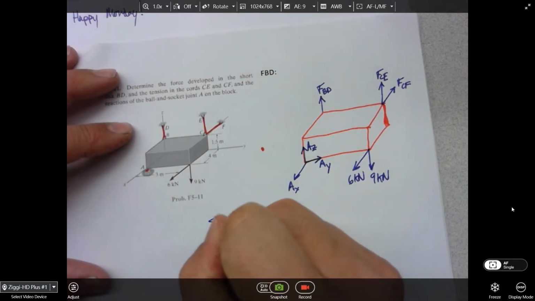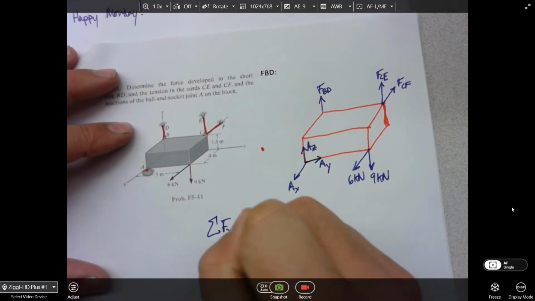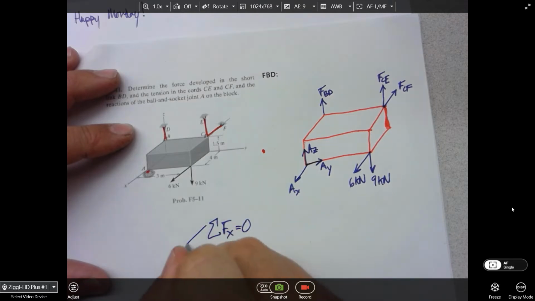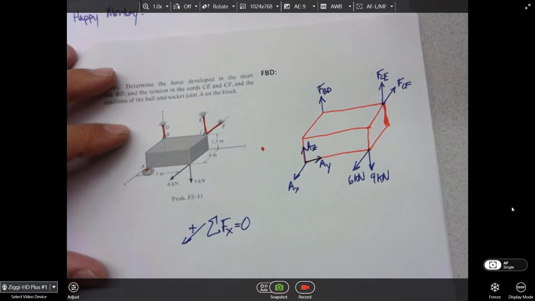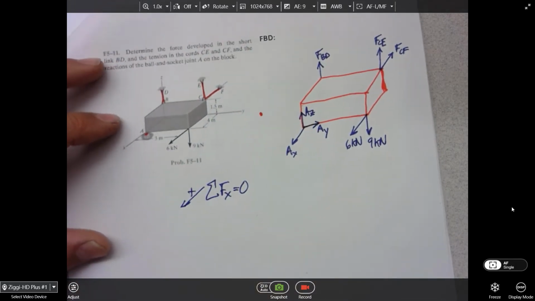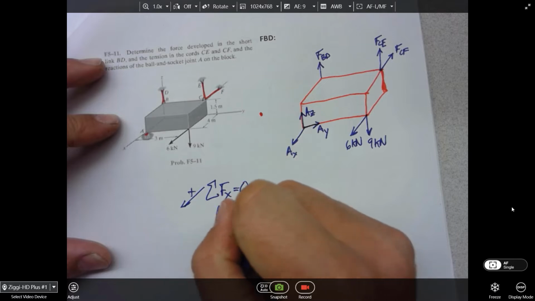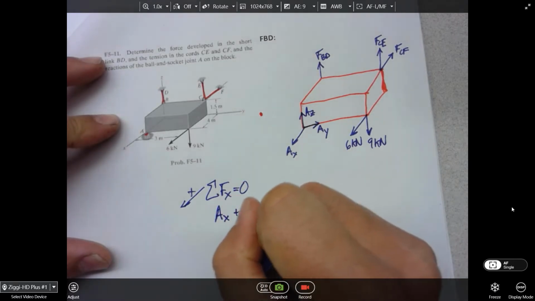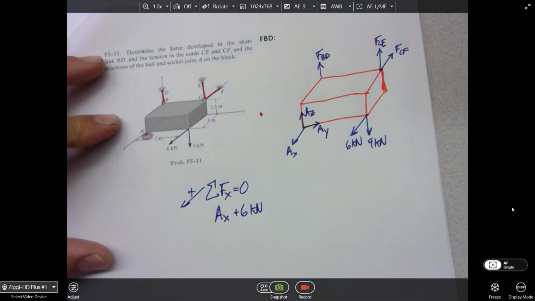Sum of the forces in the x direction has to equal 0, and x is kind of down and to the left. So what things act in the x direction? AX plus 6 kilonewtons. Anything else? FCF.